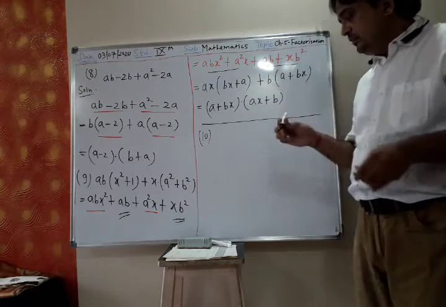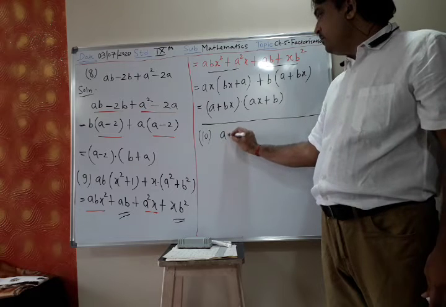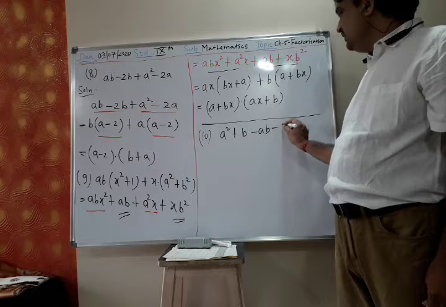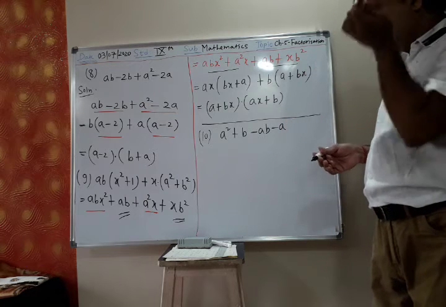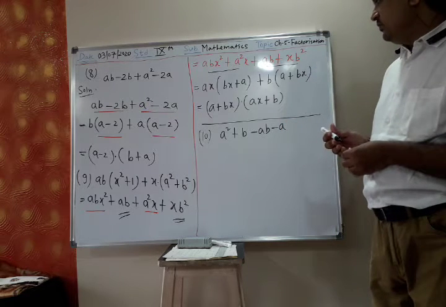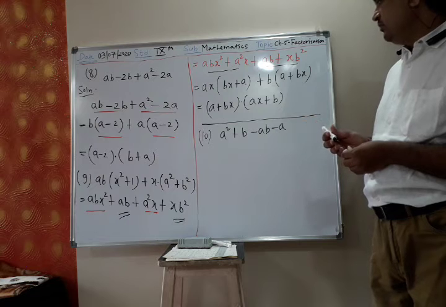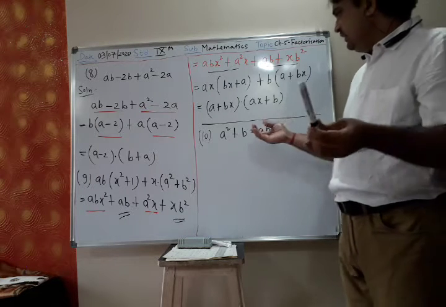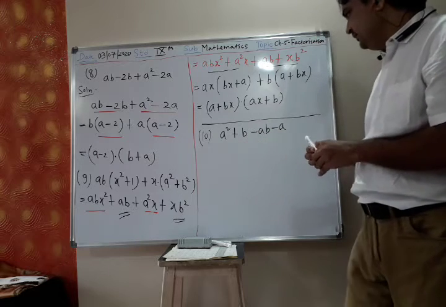Now let us see the 10th one. A square plus B minus AB minus A. Now let us see first and third.